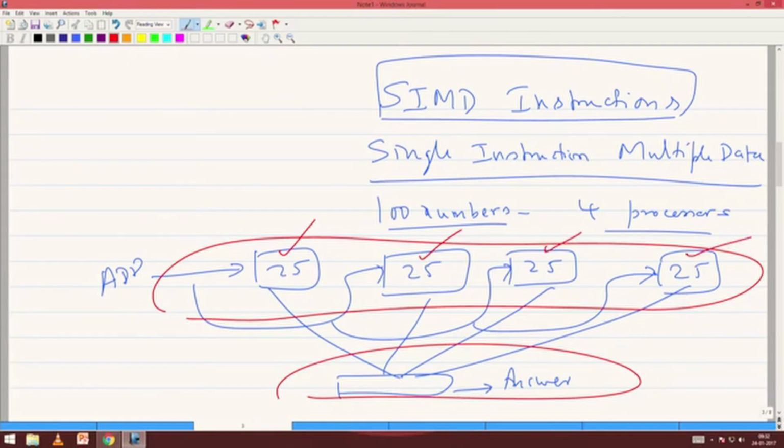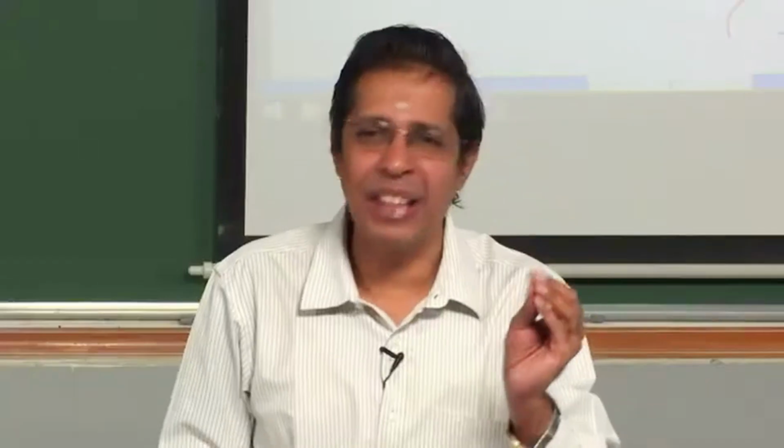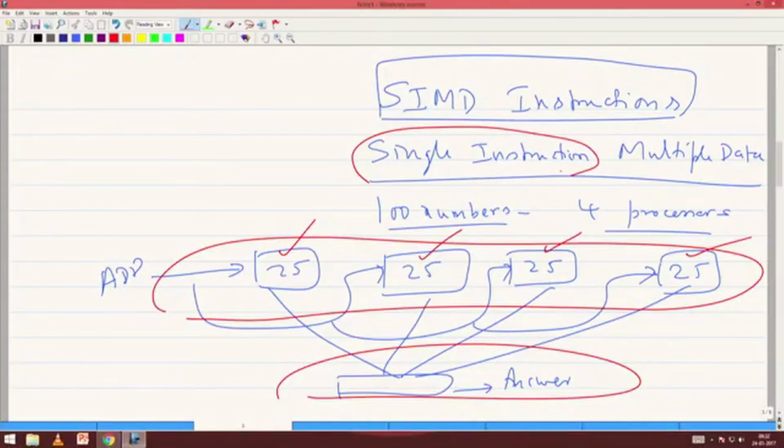So I had multiple data, but I gave only one instruction, say add. This is a very trivial but very important example of single instruction, multiple data. I give only one instruction, but it acts on multiple sets of data. So this is called SIMD.